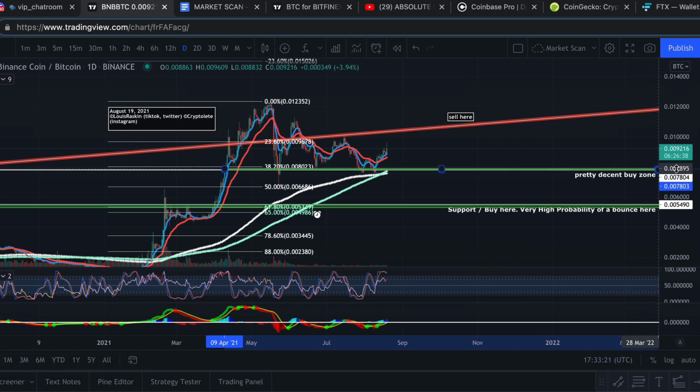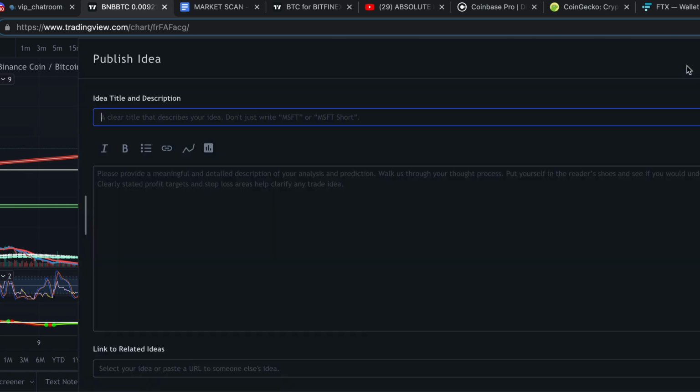So if you want to buy BNB, I would recommend buying it down here. Not financial advice, but I would wait until the Bitcoin chart actually gets to the lows, and then I would buy it there.